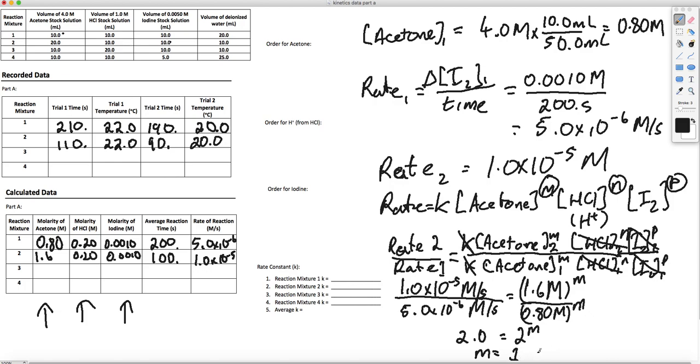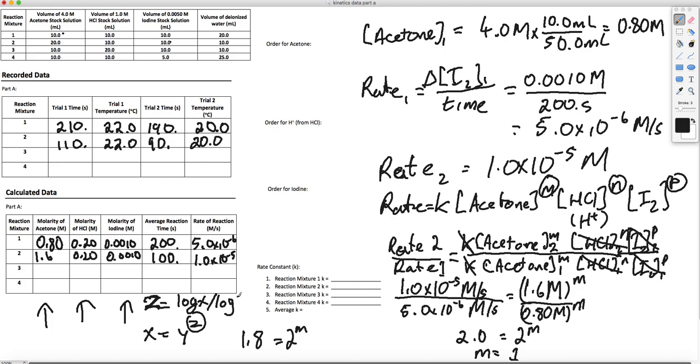Now m is always going to be rounded, so let's say this wasn't exactly 2.0, let's say it was 1.8, and you had to solve for 1.8 equals 2 to the m. How would you do that? Well, you could use this logic: if you've got x equals y to the z, and you want to solve for z, then z would equal log x over log y.